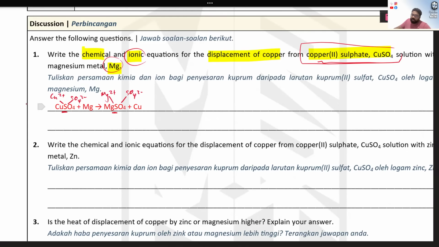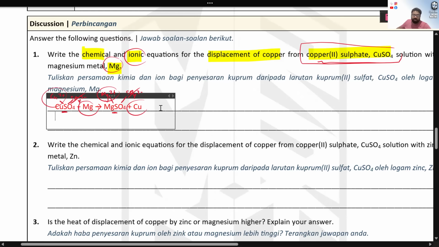Sulfate is the spectator because it has not changed chemically before and after the reaction. It did not take part in the reaction. So what's left? Copper(II) ion plus magnesium solid gives magnesium ion and copper solid. That's your ionic equation.